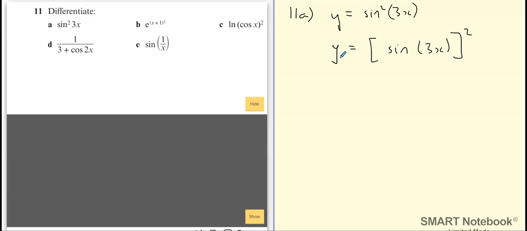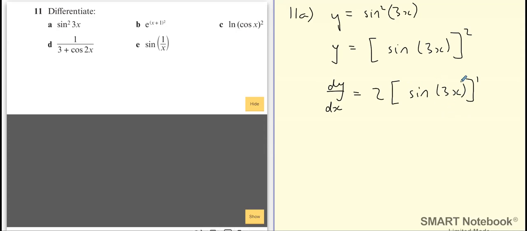Now if I think about this, this is a bracket to some power. So when I differentiate a bracket to a power, what happens? I bring the power down. I take 1 away from the power. I could write 1, or I don't need to write 1. And then I differentiate what's inside the square bracket.